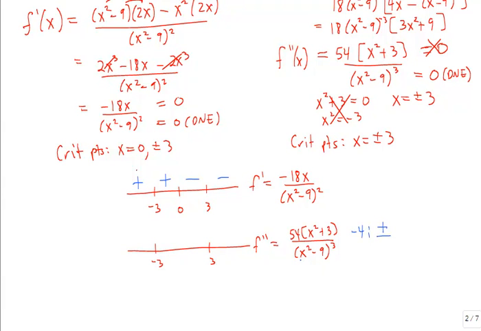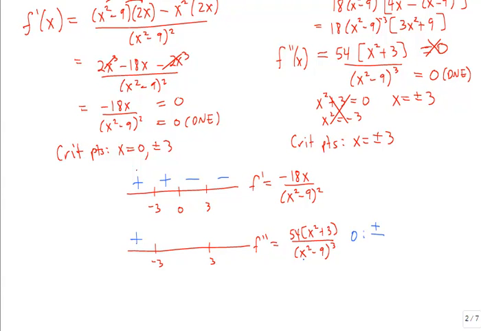What happens if I plug in -4? -4 quantity squared is 16, positive. 16 minus 9 is going to be 7, which is positive, and when I cube that, it stays positive. So this is plus. Now let's try something in the middle, like 0. So if I plug in 0 into the top, again, everything will be positive.